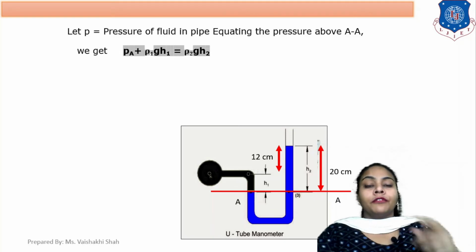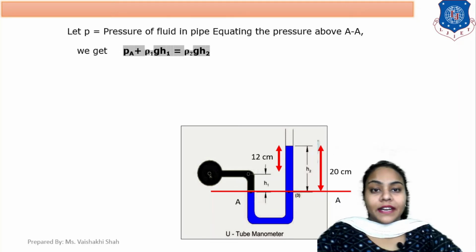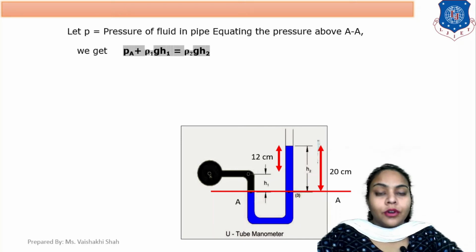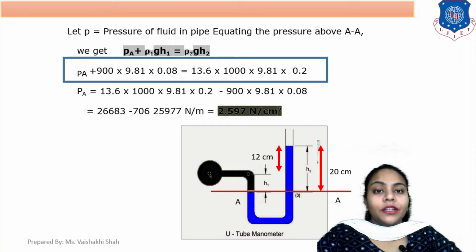So here, first the pressure on the left side, that is PA, the pressure due to pipe A. Second, the pressure is rho 1 G H1 equals rho 2 G H2. PA is your unknown; we have to find PA here.